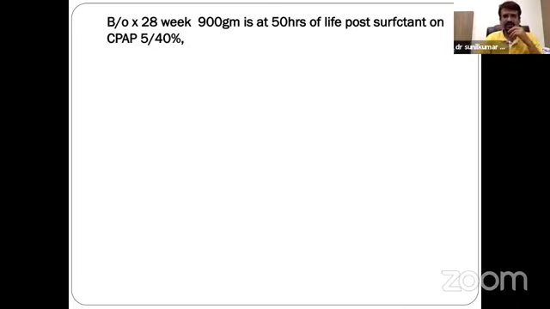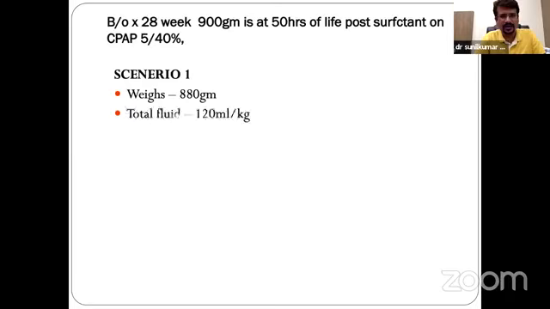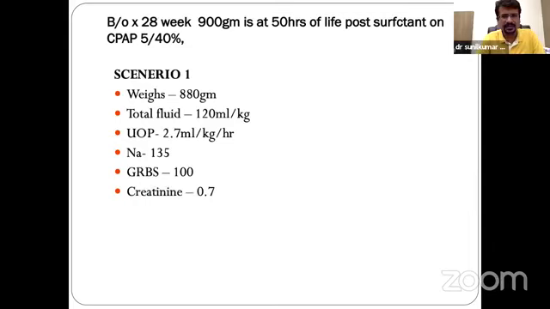So coming to scenario 1, at 50 hours the baby weighs 880 grams and is getting 120 ml per kg of total fluids, and urine output of the baby is 2.7 ml per kg per hour, and sodium measured was 135, GRBS was around 100 and creatinine is 0.7.